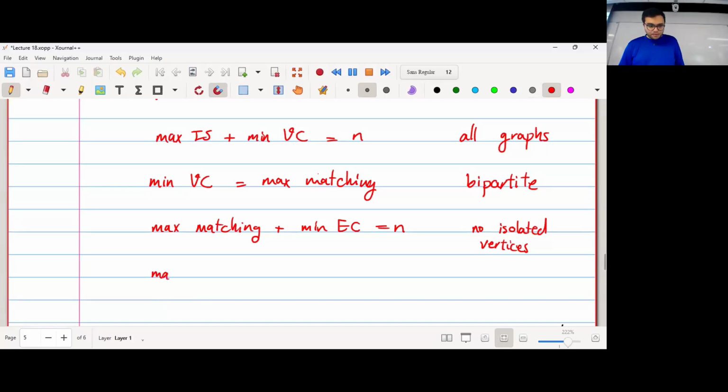I claim that maximum independent set is equal to minimum edge cover in some graphs.